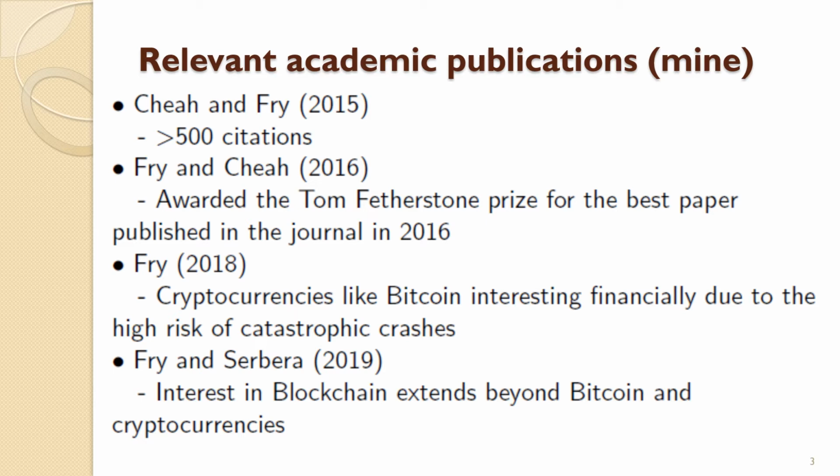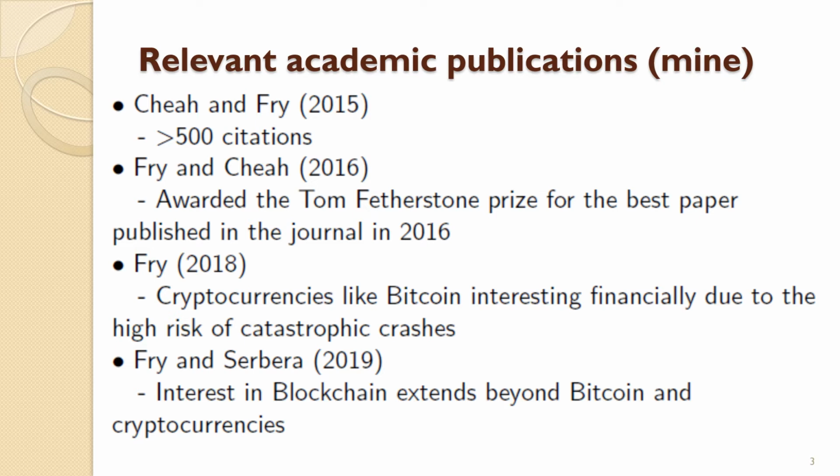I had a paper published a couple of years after that, an economic model where what you see is that cryptocurrencies like Bitcoin are interesting financially due to the high risk of catastrophic crashes, precisely because there is no central government authority behind it, no equivalent of the Bank of England or the Federal Reserve, for example.